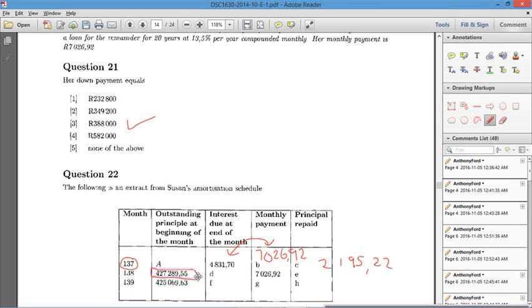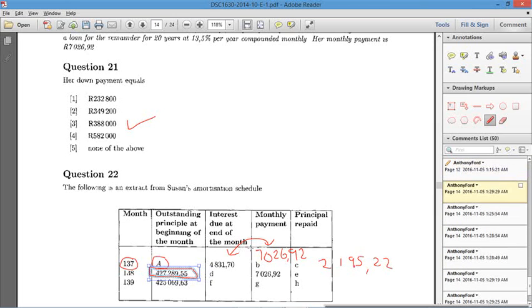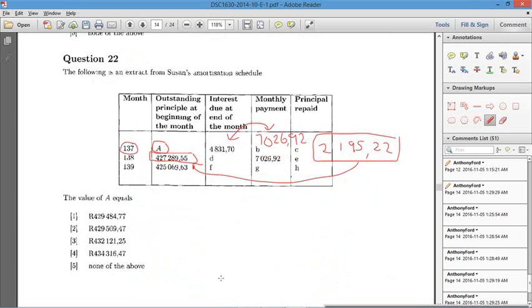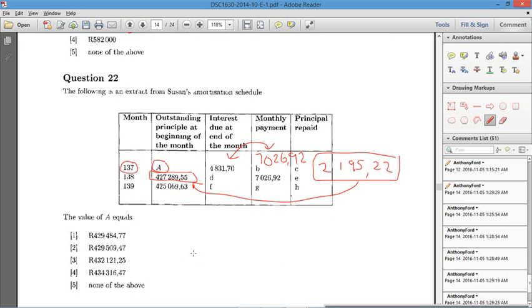So if I'm looking for A, A is going to be what? This plus that. So A comes out to 429484.77, option number 1.